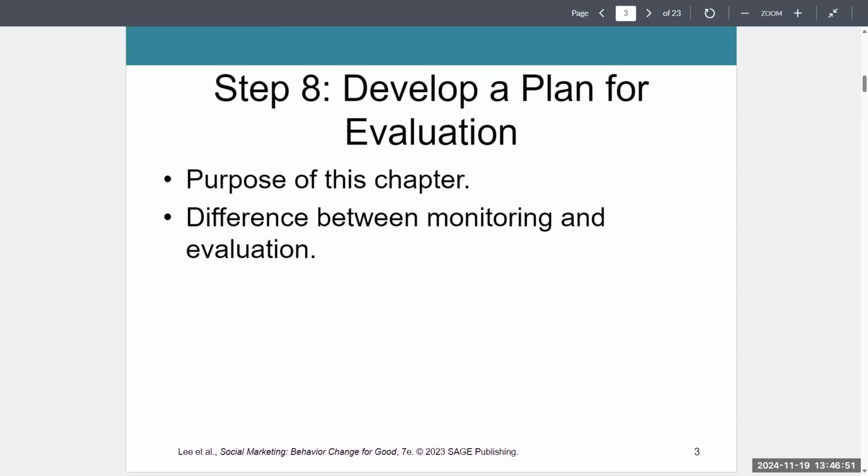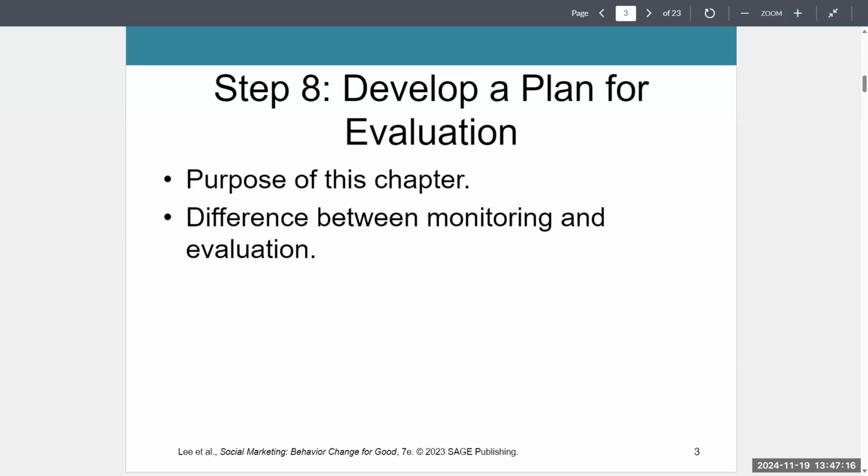What's the difference between monitoring and evaluation? They are complementary, but they are distinct, different processes. Monitoring is ongoing and tracks progress during the program, like keeping a pulse on the program activities to ensure that they are on track. Evaluation, on the other hand, takes a step back to assess the overall impact after implementation.